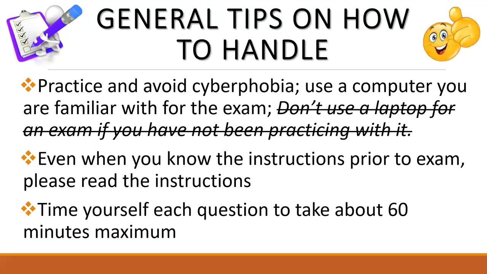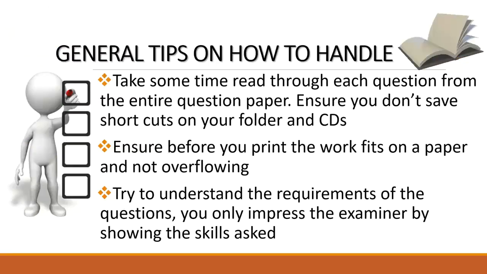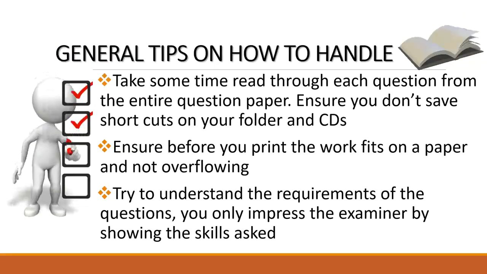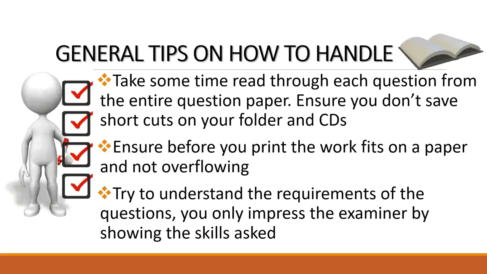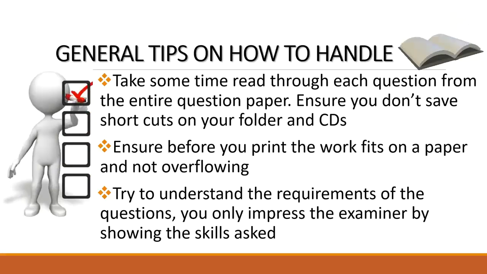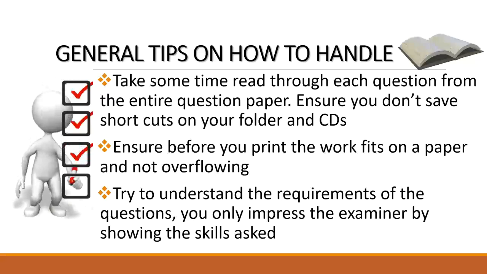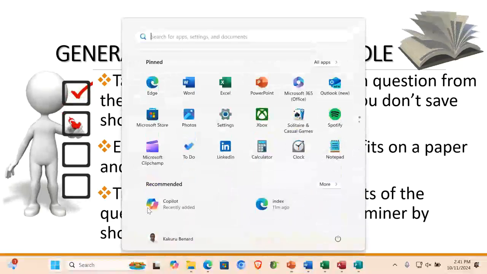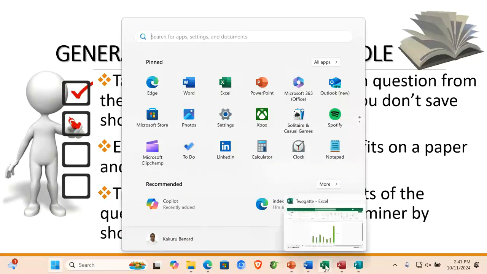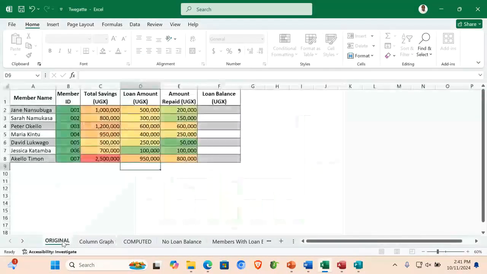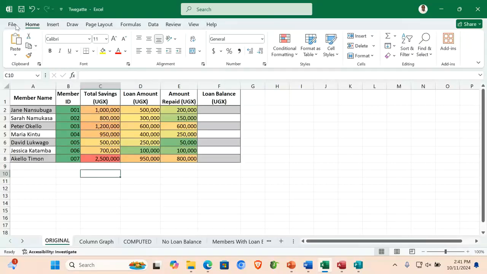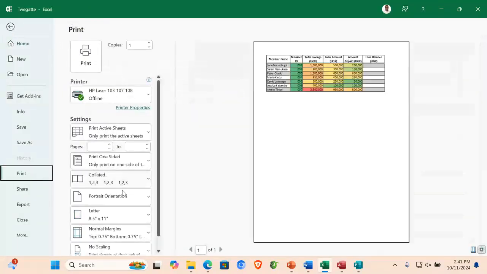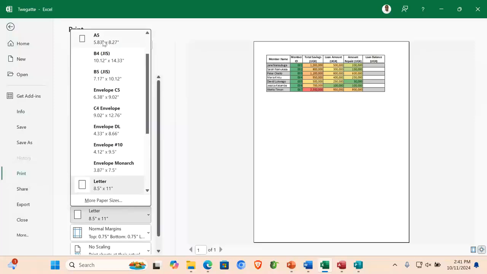So, more to that, take some time to read through each question from the entire question paper. Ensure you don't save shortcuts on your folder and CDs. Ensure before you print, the work fits on paper and not overflowing. So for example, when you are going to print your work, if I'm on sheet 1, click File, Print, then here make sure you choose A4.